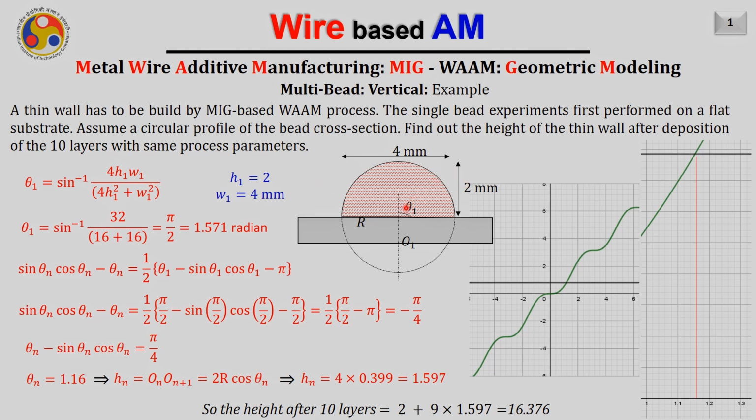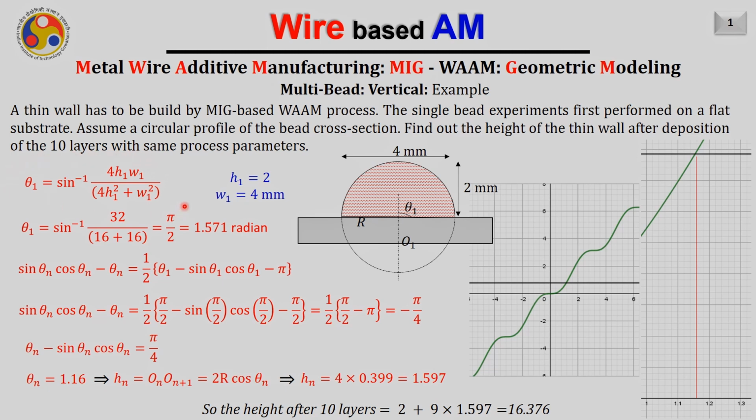Now, we can easily find the value of theta 1, that is the angle subtended at the center of the cross section of the bead by the arc, using this particular formula. It says theta 1 equals sine inverse of 4 h1 w1 divided by 4 h1 square plus w1 square.